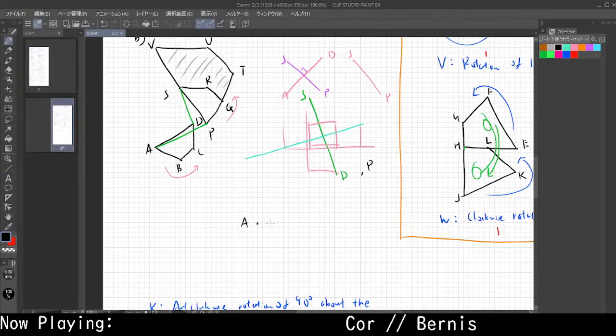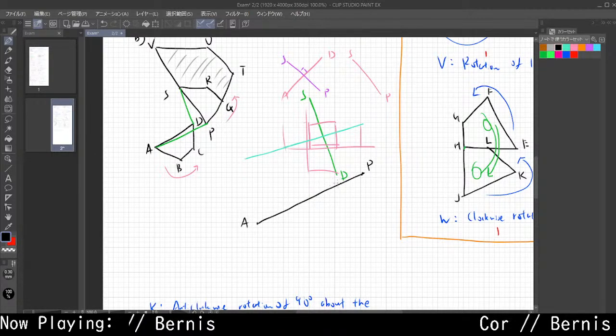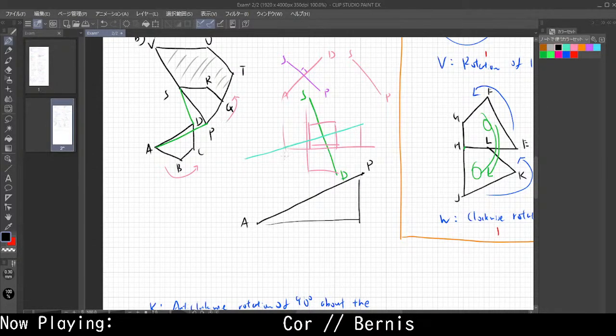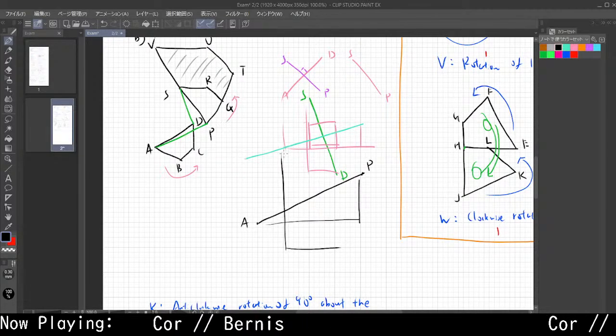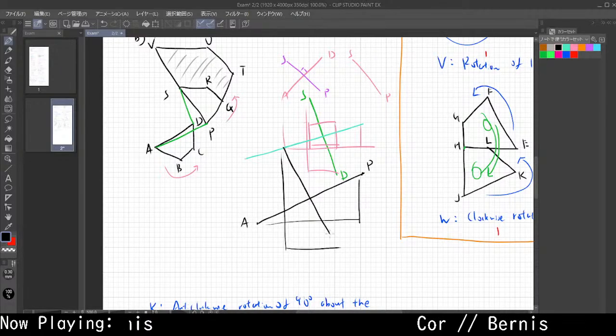So AP connecting a line will be like this. Then your perpendicular bisector would be flipping this through. So your original 4, 2, you flip in the middle, it becomes a 2, 4 like this, to actually get this particular line over here.